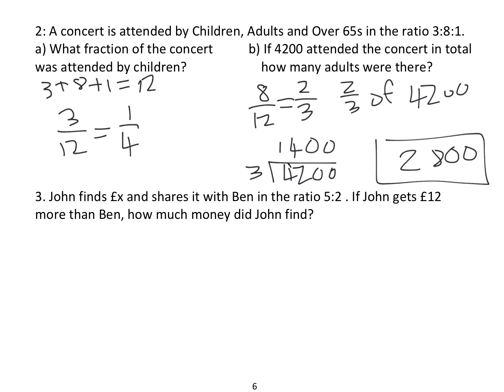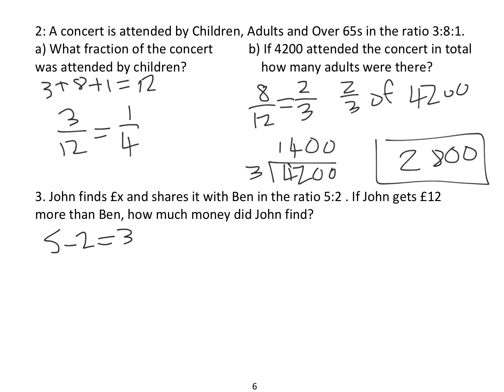So what are we given? It's not the total amount. John gets 12 pounds more than Ben, so John's getting the difference in the 2 ratios. And the difference in the 2 ratios is 3. John gets 3 parts more than Ben.